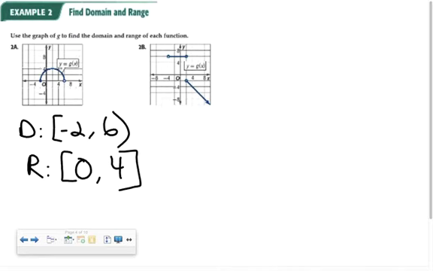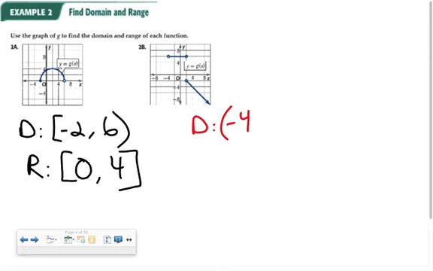For part B, let's look at it pretty much the same way. So I look at my graph from left to right, and I see that things start to happen at -4. But at -4, I do not have a value for y.